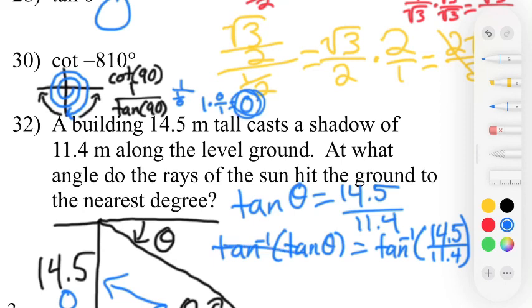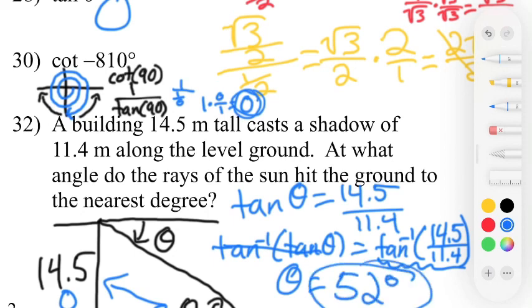Our inverse of tangent and tangent cancels out. You're left with theta equals, you're going to put all of this into the calculator by doing second tan, and then you get 52 degrees. And that is your answer. That one you are rounding to the nearest degree.